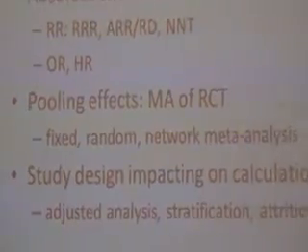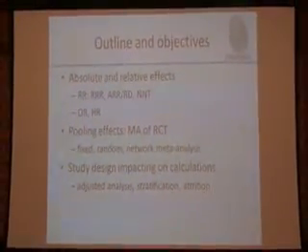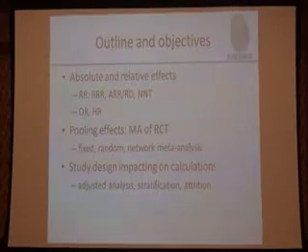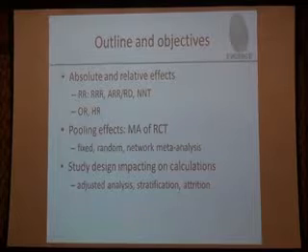In particular, I'd like to point out some properties of relative and absolute measures of effect: relative risk reduction, absolute risk reduction or risk difference, number needed to treat, and what makes the need for odds ratio and hazard ratio. And that's the first part of the talk.